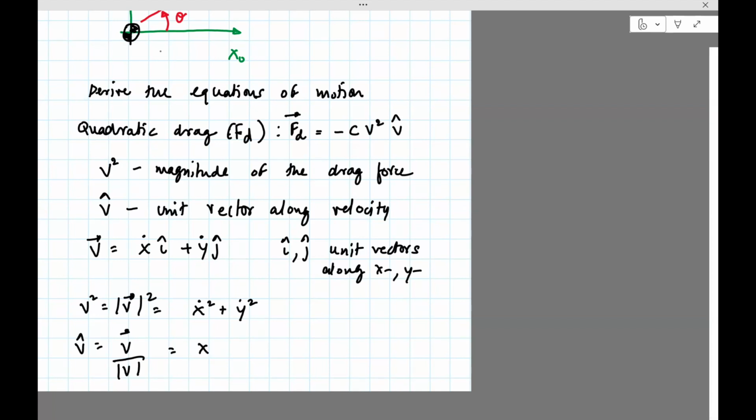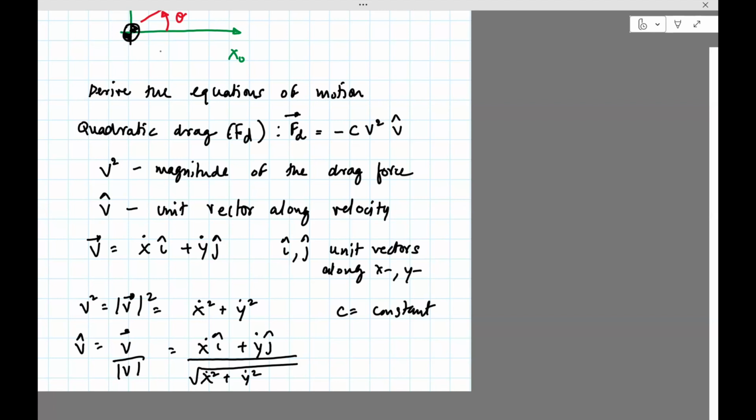So it's written as x dot i plus y dot j divided by the square root of x dot square plus y dot square. Okay, and then c is a constant. So this basically tells you it's a constant for that particular drag force.